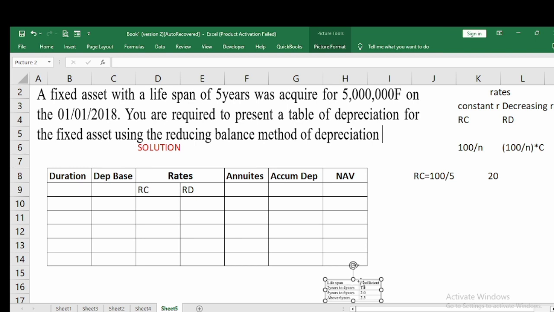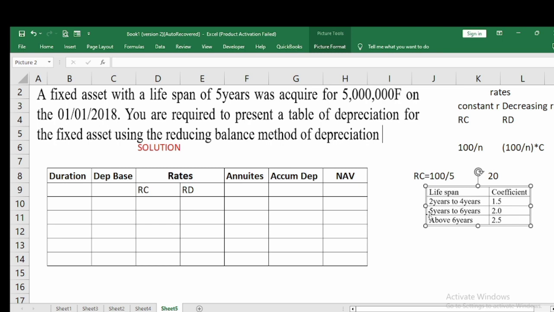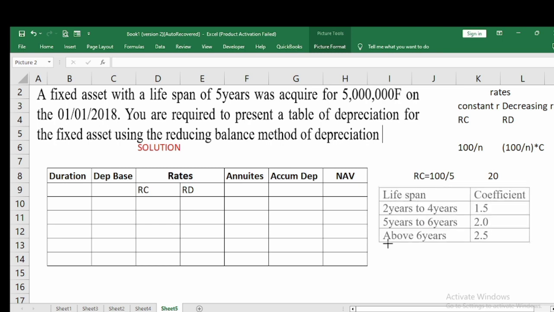So concerning our constant C, this is the ceiling that we'll be using. When the lifespan of an asset is from 2 to 4 years, our coefficient will multiply by 1.5. From 5 years to 6 years, we use 2.0, and above 6 years, we multiply by 2.5.